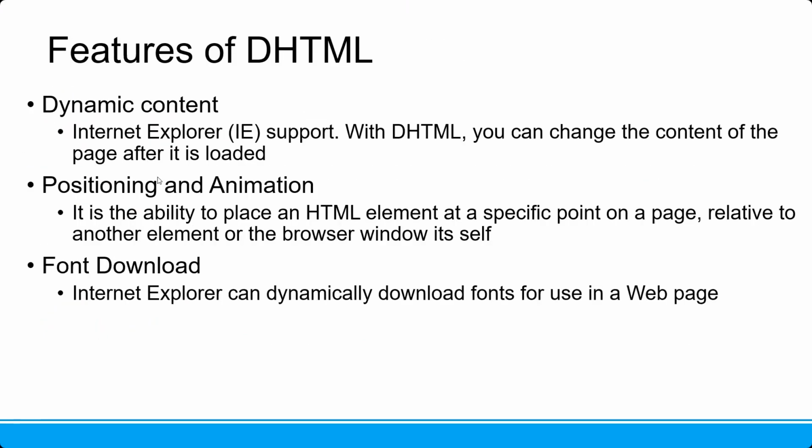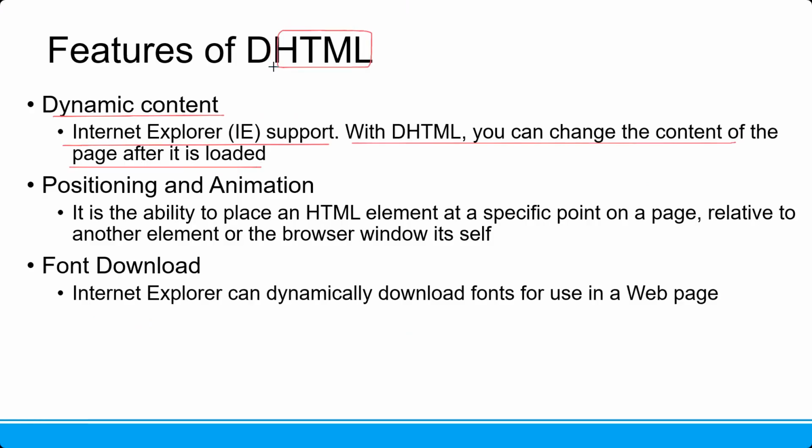So the features of the HTML: we have the dynamic content. Previously it was Internet Explorer, now you can have Microsoft Edge. With the HTML, you can change the content of the page after it is loaded. If you use only HTML, the page will be static.